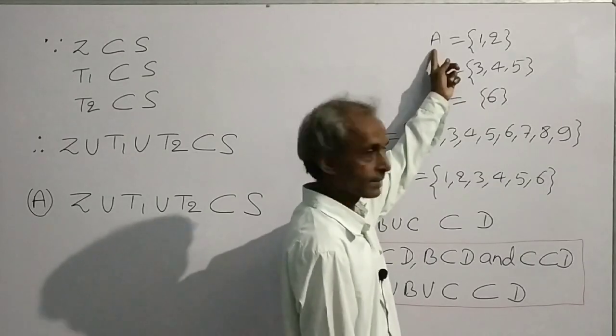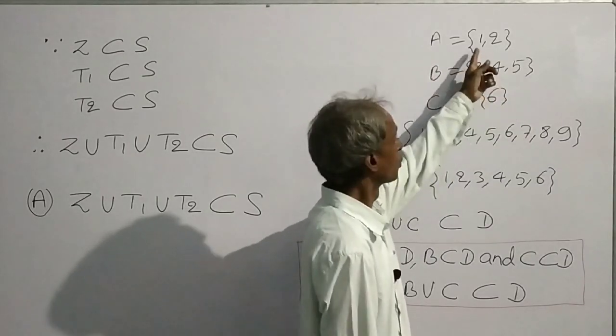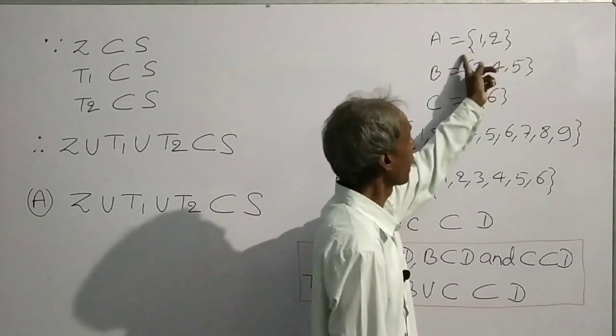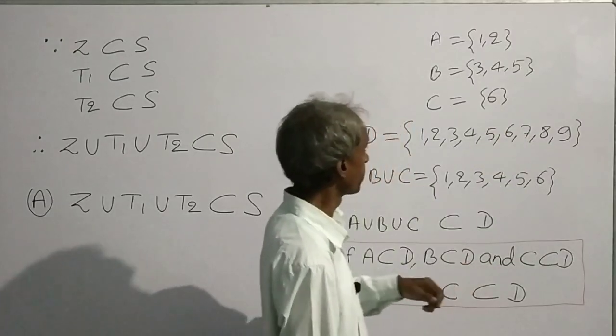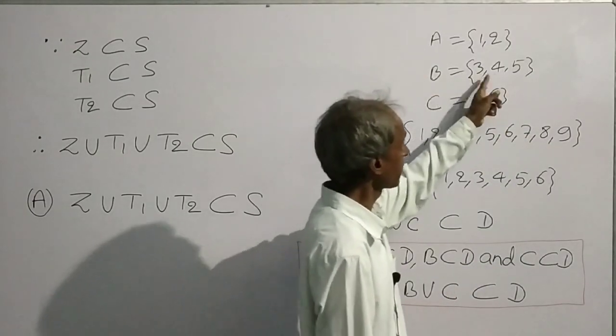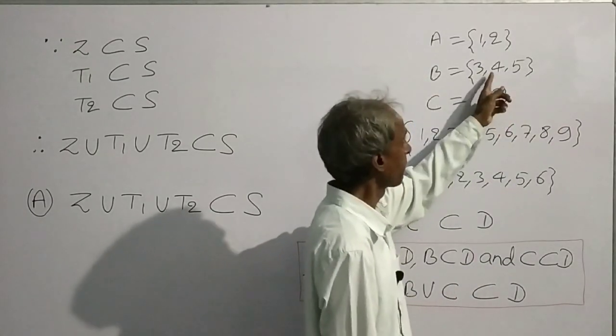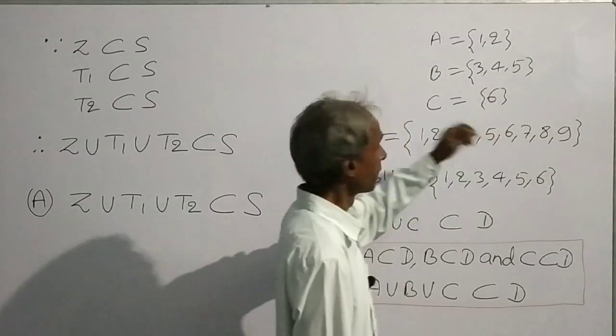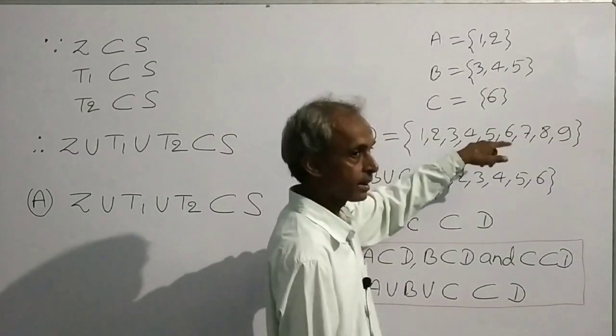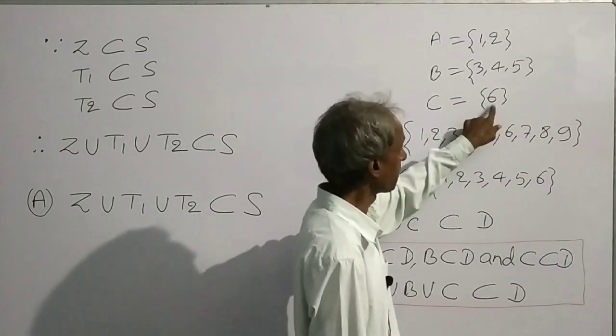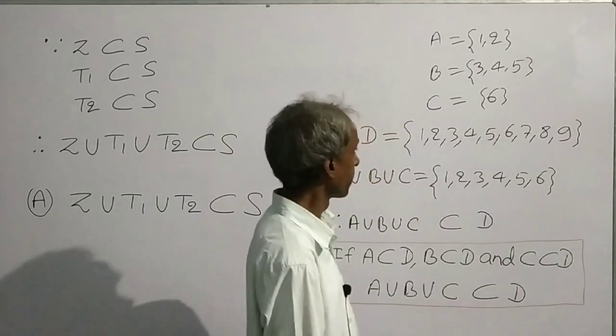Suppose A is a set in which two numbers, 1 and 2, are present. B is another set in which 3 numbers are present. C is another set in which only one number, 6, is present.